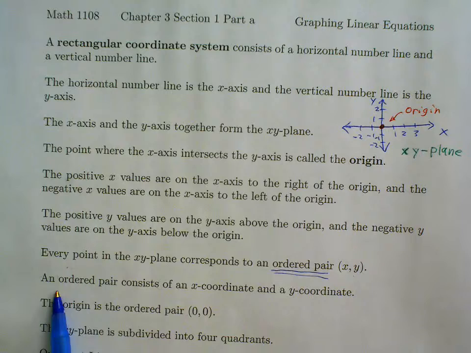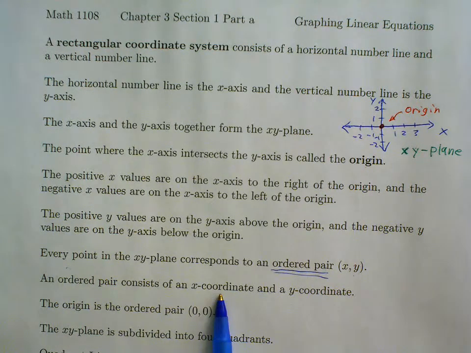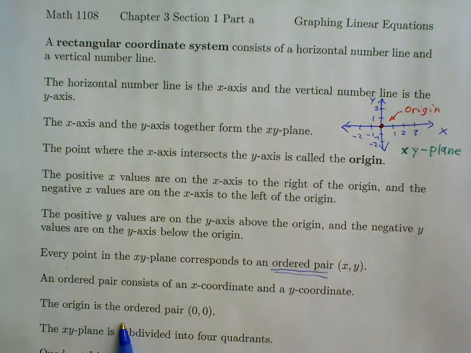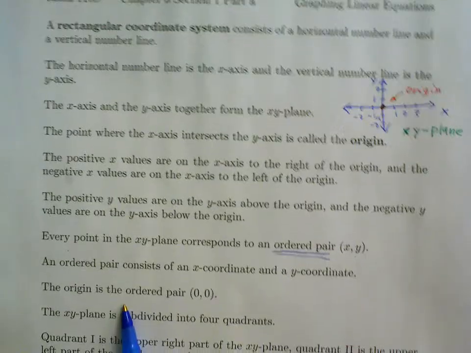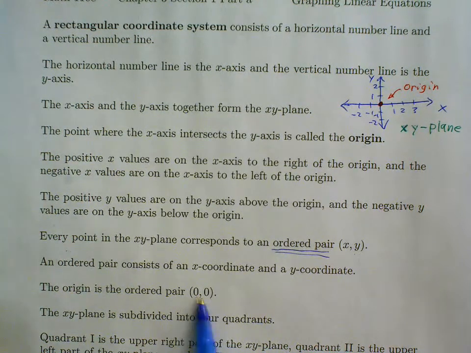An ordered pair consists of an x-coordinate and a y-coordinate, and it's conventional that the x-coordinate appear on the left and the y-coordinate appear on the right. The origin is a point in the xy plane, and it is the ordered pair 0, 0. So 0 for x and 0 for y.